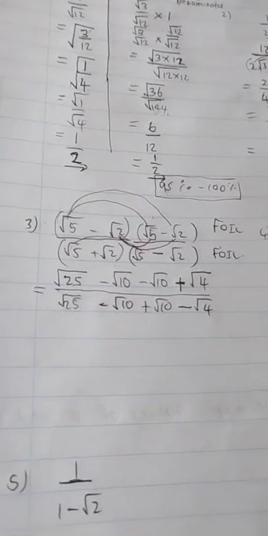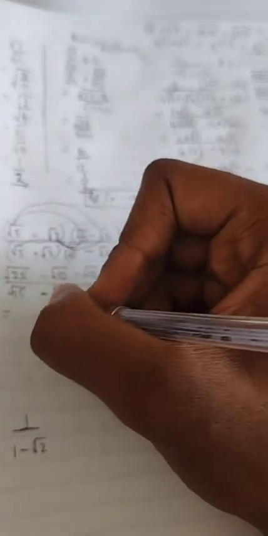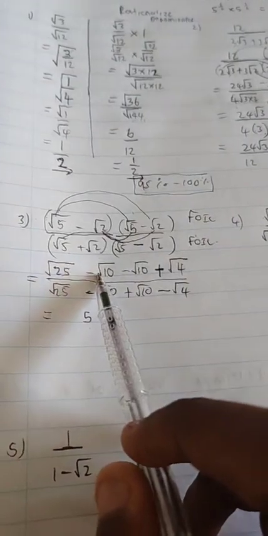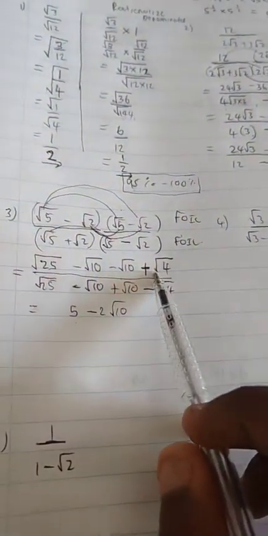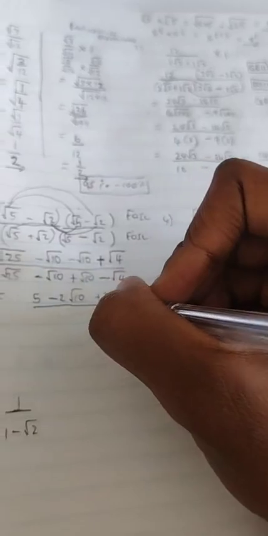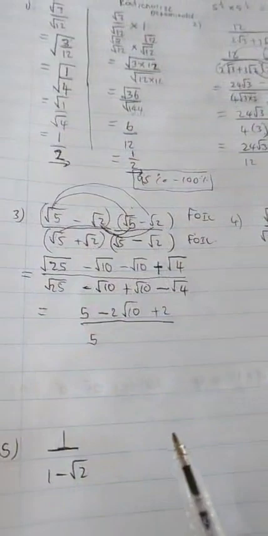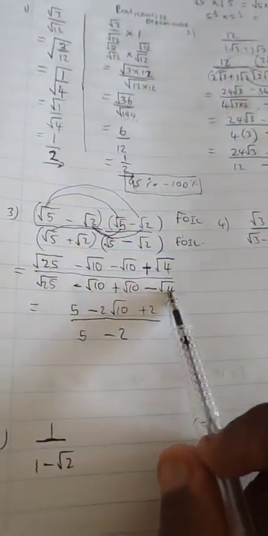Surds. Alright? Okay. Then, at the top, we have the square root of 25, which is 5, minus root 10, minus 2 root 10, and the square root of 4, which is 2, over the square root of 25, which is 5, minus root 10 plus root 10, which is 0, minus 2, because the square root of 4 is 2.